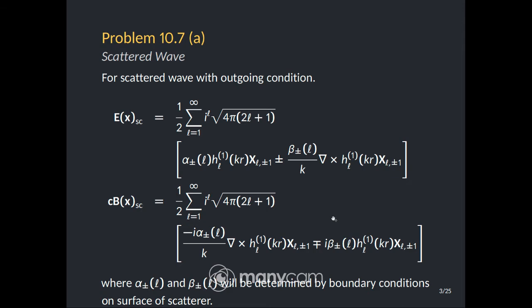For the scattered wave with the outgoing condition, the electric field and the magnetic field are a linear combination of the spherical Hankel function h1 with coefficients alpha and beta, which will be determined by the boundary conditions on the surface of the scatterer.